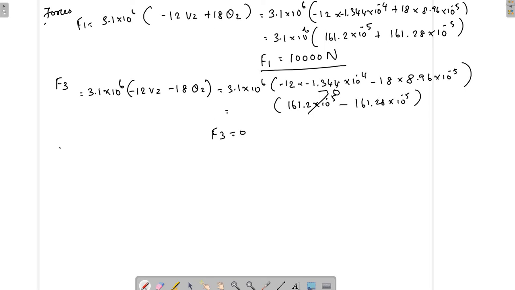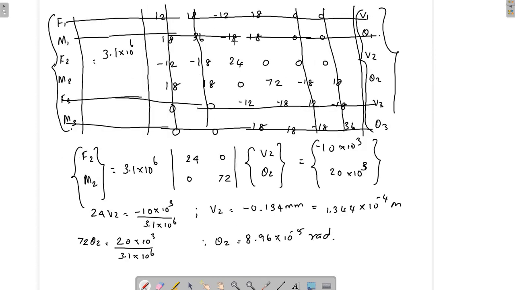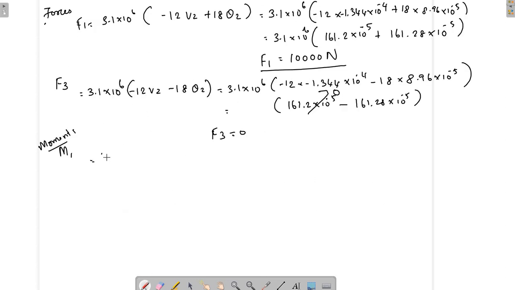Next, moment 1. At a fixed support, definitely the moment will be there. So the moment M1 can be calculated. Kindly refer to the M1 equation: minus 18 V2 plus 18 theta 2. So 3.1 into 10 power 6, minus 18 V2 plus 18 theta 2.